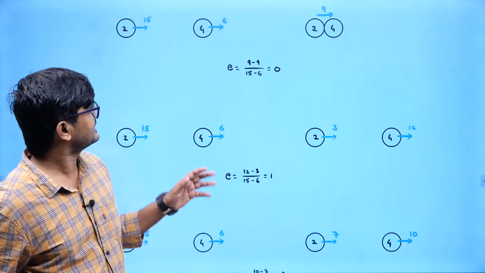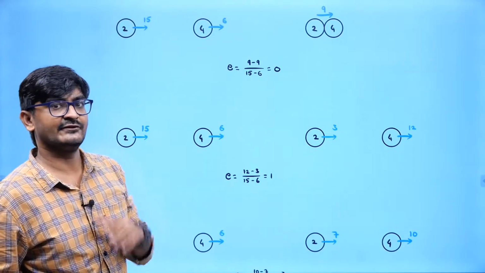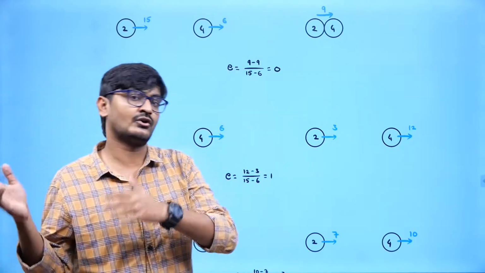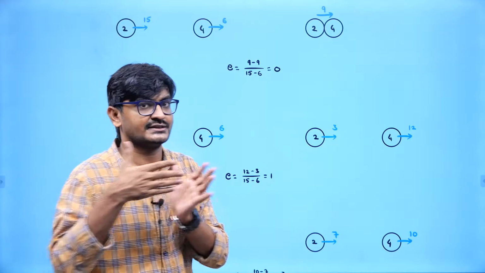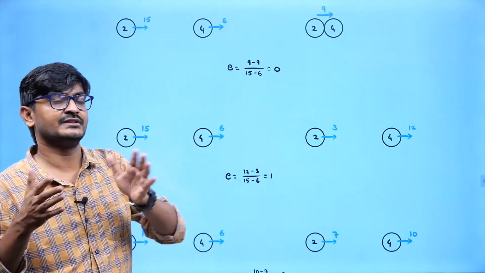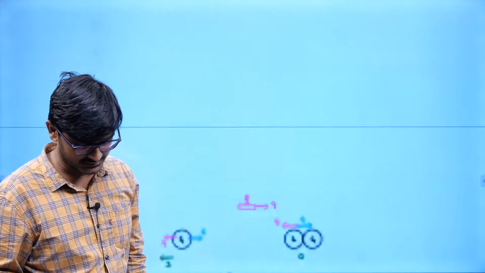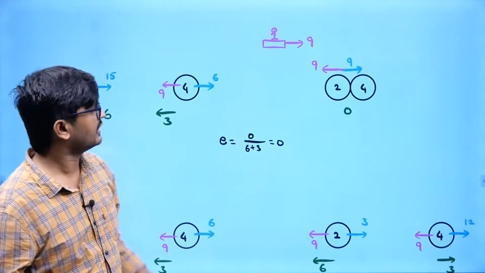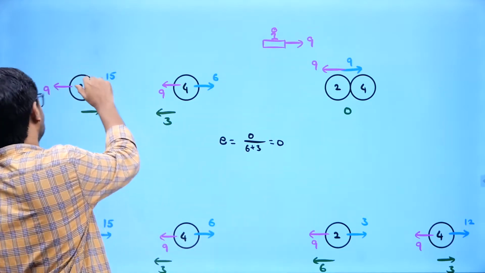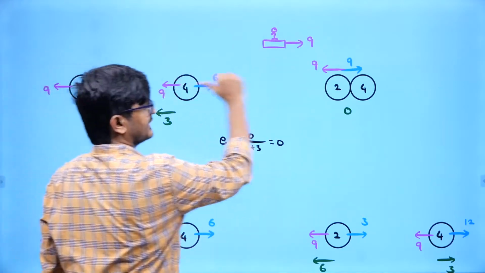Now we will see all these three cases from a different frame. Till now we observed from the ground frame. Now I will go on to a frame which is moving with constant velocity 9. If I observe from a frame which is moving with the speed 9, all the bodies will have extra speed 9 in this direction.